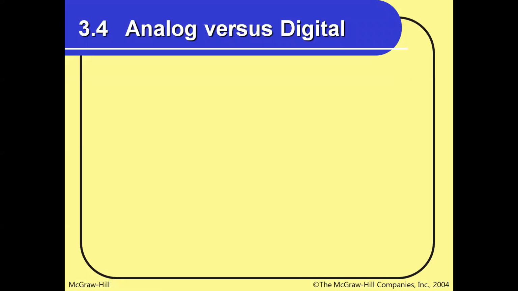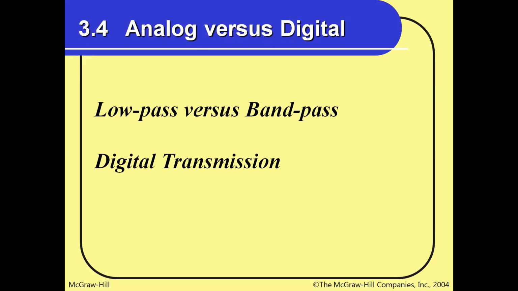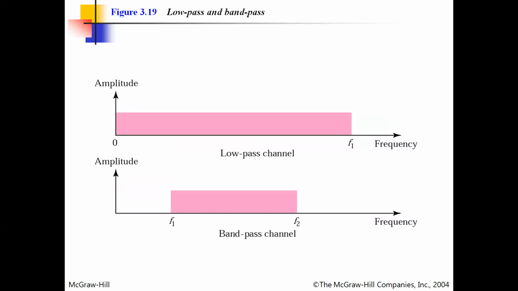অ্যানালগ ভার্সেস ডিজিটাল, এটাতে আমরা বেশি যাব না, কারণ already I have given a note on this. You can see what a low pass channel is. This is the low pass channel where the frequency starts from zero. And what is a band pass channel?